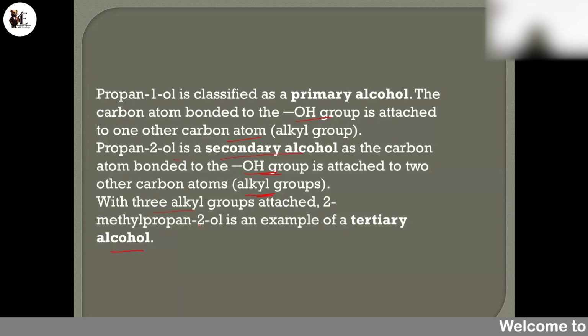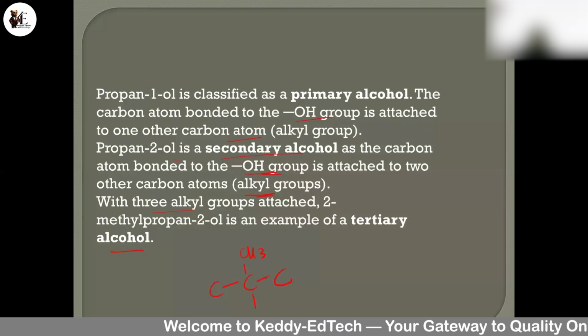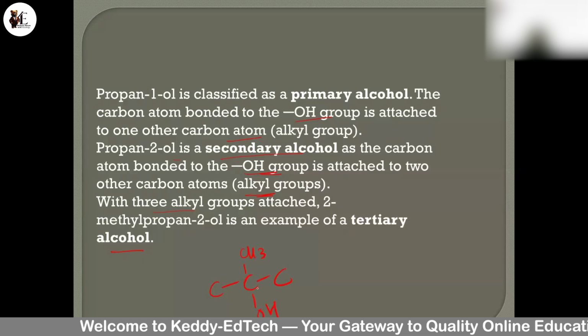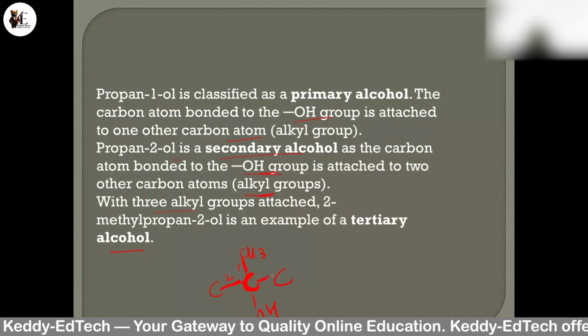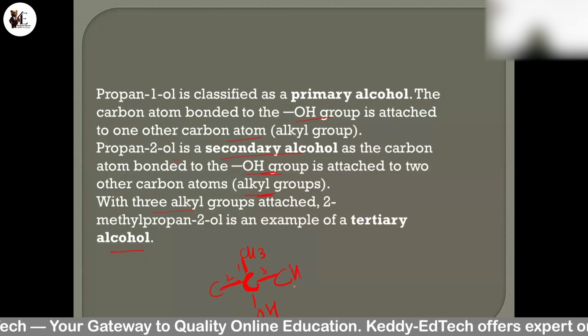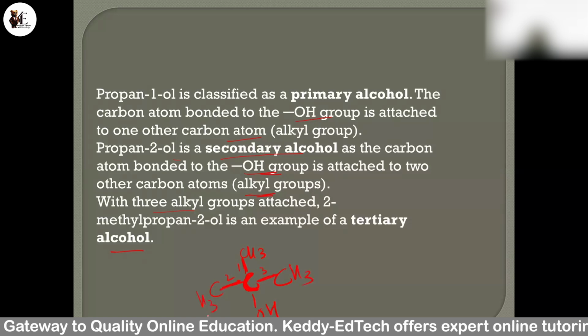So 2-methylpropan-2-ol is your example of a tertiary alcohol. How is it made? Propane, at the 2 position you have methyl, and at the second position you have the alcohol. So this carbon atom is connected to 1, 2 and 3 carbon atoms again. So it is called a tertiary alcohol.